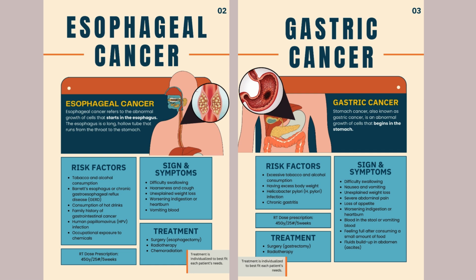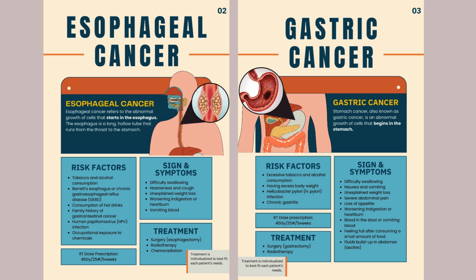The signs and symptoms of gastric cancer are difficulty swallowing, nausea and vomiting, unexplained weight loss, severe abdominal pain, loss of appetite, worsening indigestion or heartburn, blood in the stool or vomiting blood, feeling full after consuming a small amount of food, and fluid build-up in the abdomen, ascites.